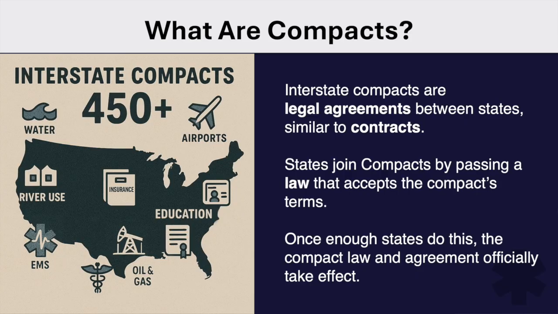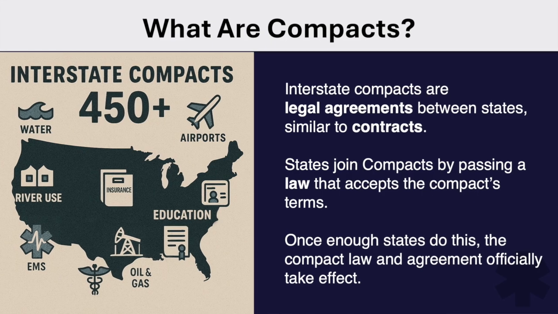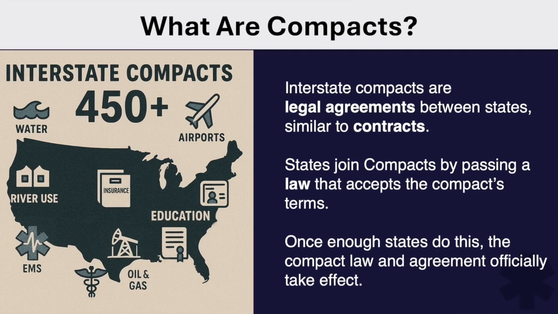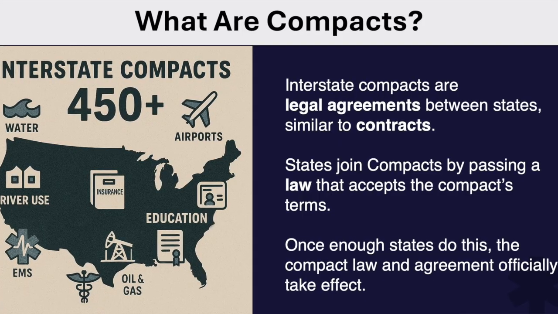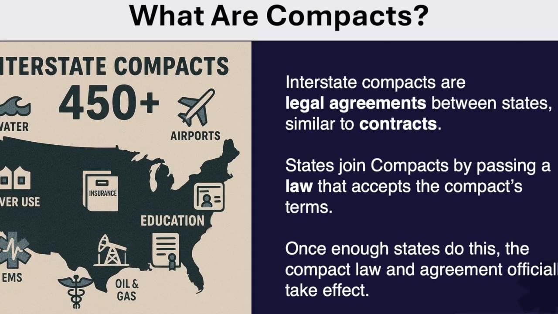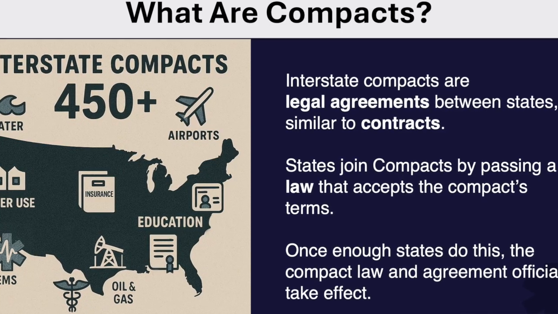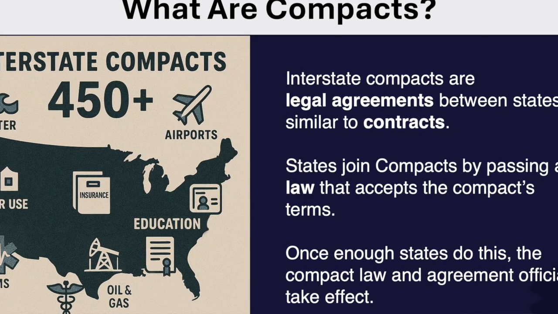If we look today, compacts are what I would call the secret sauce that actually allows the United States to function in the way that you and I enjoy every day. There are over 450 interstate compacts currently active in the United States. These cover everything from water rights and rivers through oil and gas and education and insurance and driver's licenses and airports and metro authorities.